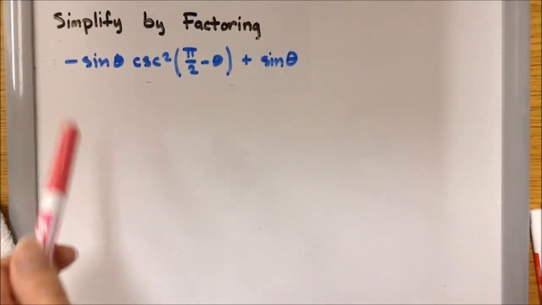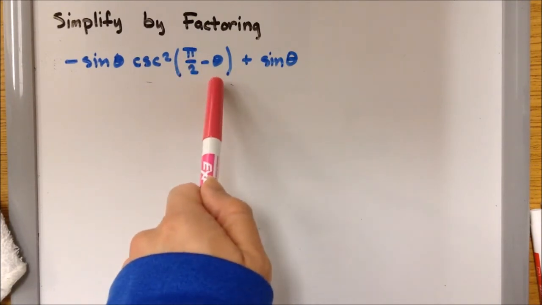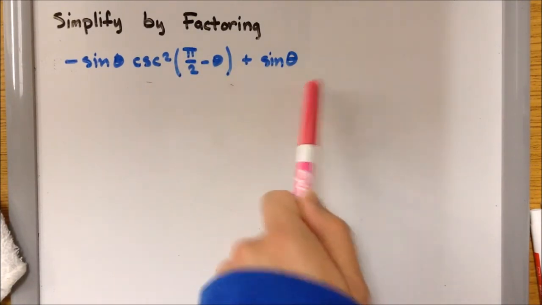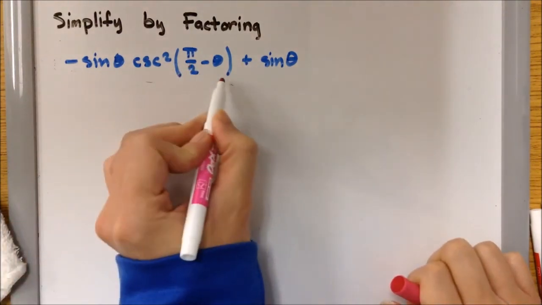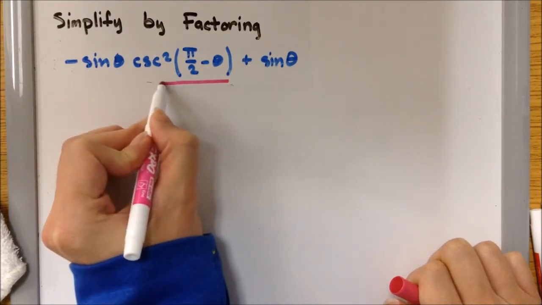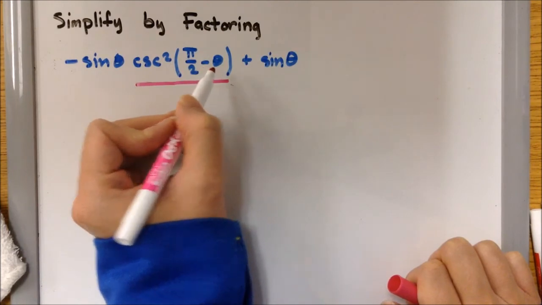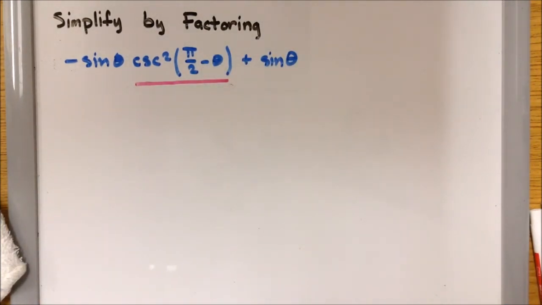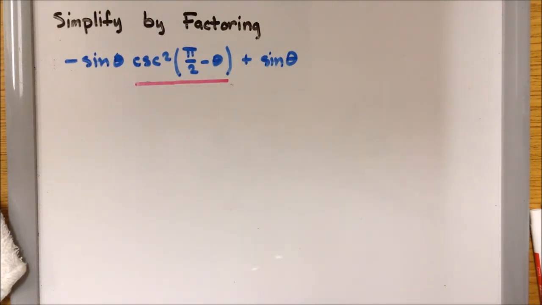In this example, we have negative sine theta cosecant square of pi over 2 minus theta, and then plus sine theta. So when we're going to simplify this, I would usually work with this one first here. The cosecant square of pi over 2 minus theta, now it is not exactly the same because it has a square, but it has that pi over 2 minus theta, which means, could I apply the cofunction identity?